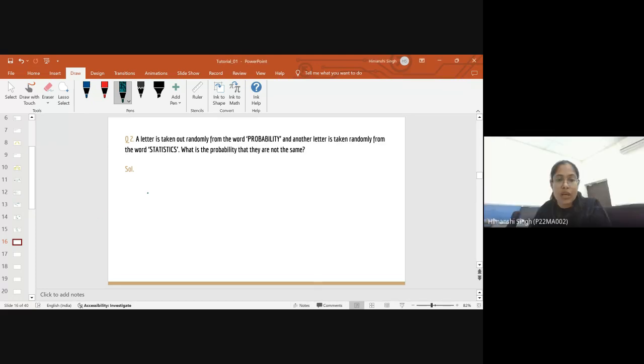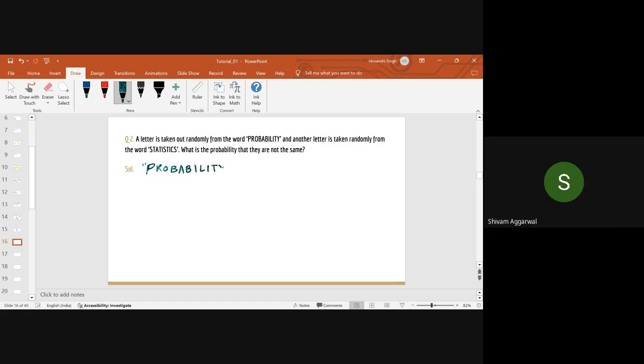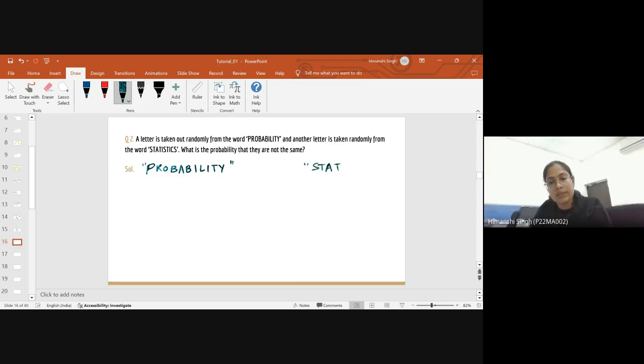So I'll move forward with question number 2. In this question, it is asking that a letter is taken out randomly from the word probability and another letter is taken out randomly from the word statistics. So basically two words are considered here, probability and statistics.